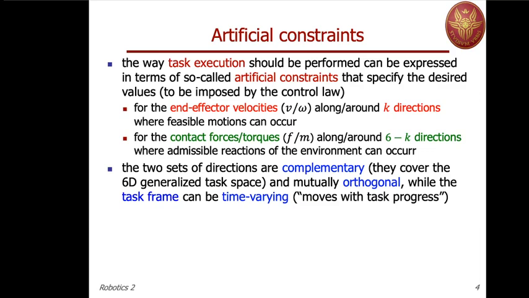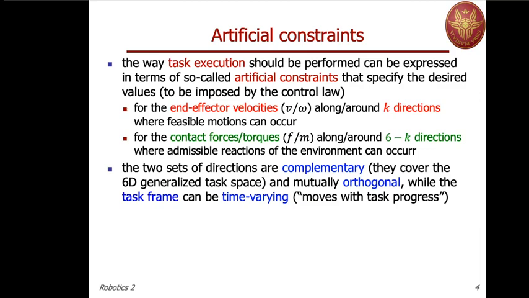So when we make a scalar product between a 6-dimensional contact force-torque, which is a reaction force-torque of the environment, with an admissible velocity, linear and angular velocity of the end effector, this product will be 0. So this set of forces-torques with the set of end effector velocities will produce no work, in fact.